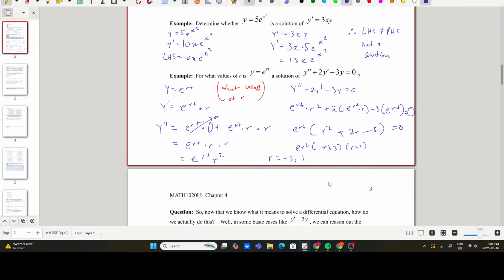Okay, that makes sense. So then you take this negative 3 and you plug it in. So e to the negative 3t, and e to the t are solutions in this case.